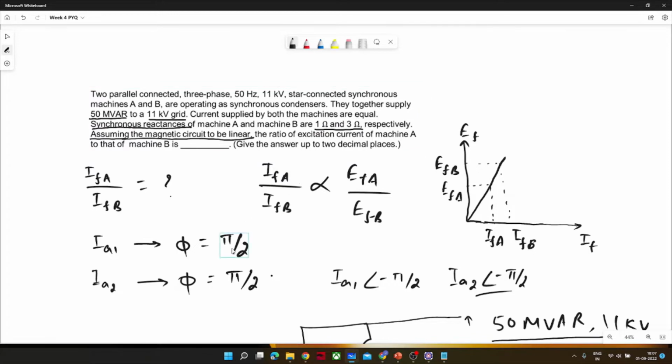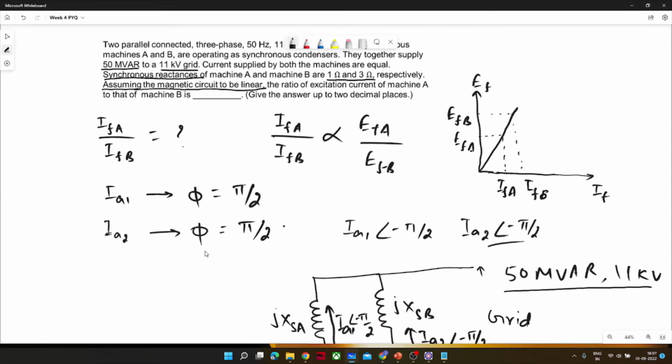So this statement we can use as an equation. So the total current that would be IL. IL is nothing but the IA1 plus IA2. So this is given by the question.